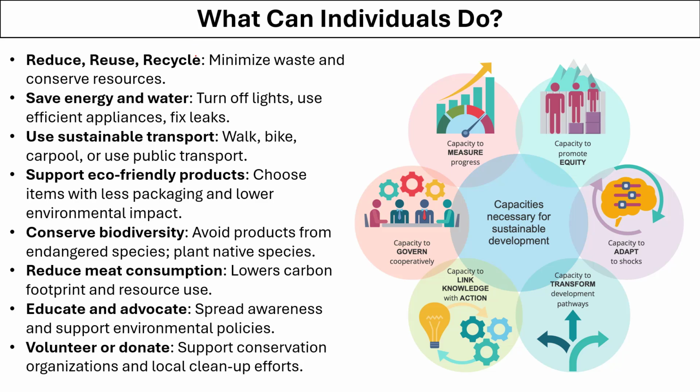We should educate and advocate more and more people and spread awareness regarding these environmental policies. We should try to volunteer in making efforts for conserving the resources, and should also donate so that on a community level we can make some efforts for conserving these resources.